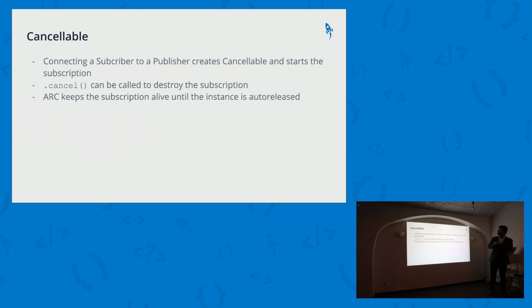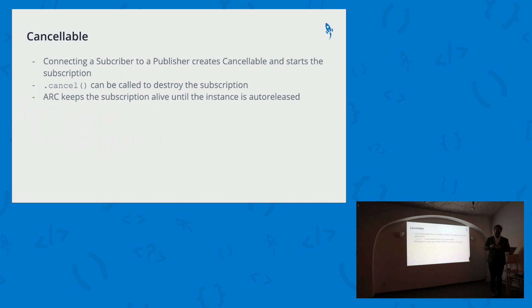And why is it called cancelable? It's called cancelable because you can explicitly cancel it by calling the cancel method. But also, an important part is that cancel is called also when the object is auto-released.